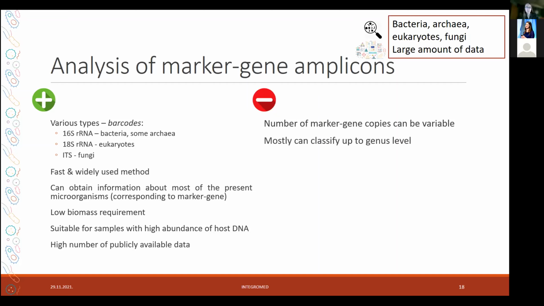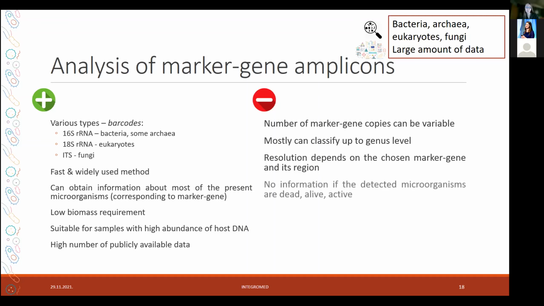These methods can mostly classify up to genus level, and that may not be enough if you're interested in species or strains. Resolution depends on the chosen marker gene and its region. For 16S rRNA, there are 9 variable regions, and they have been widely characterized. For example, V3, V4 are quite often used, V6 and so on. But V8, V9 are used quite rarely because they can't distinguish a lot of the microorganisms in the samples.